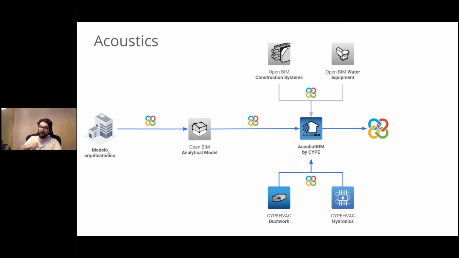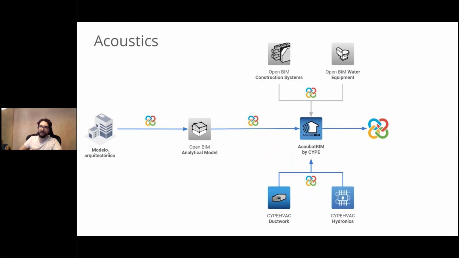So previously, we have to create a BIMserver.center project. As I said before, BIMserver.center is the nucleus of the Open BIM workflow. All the applications are connected with BIMserver.center, and we can import and export files and share them with the rest of the teammates.